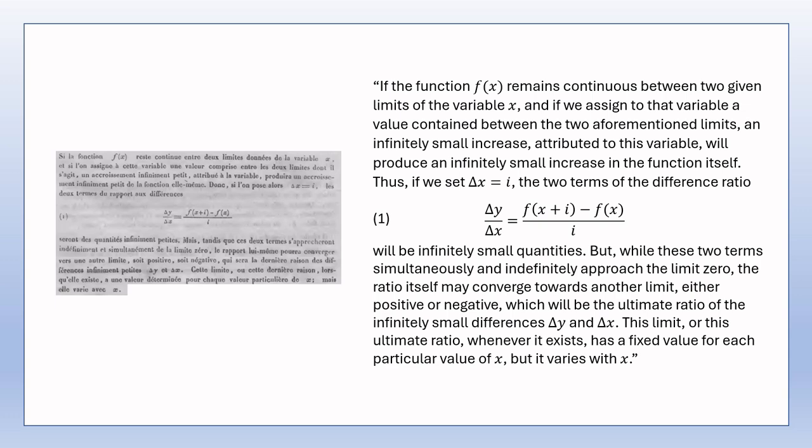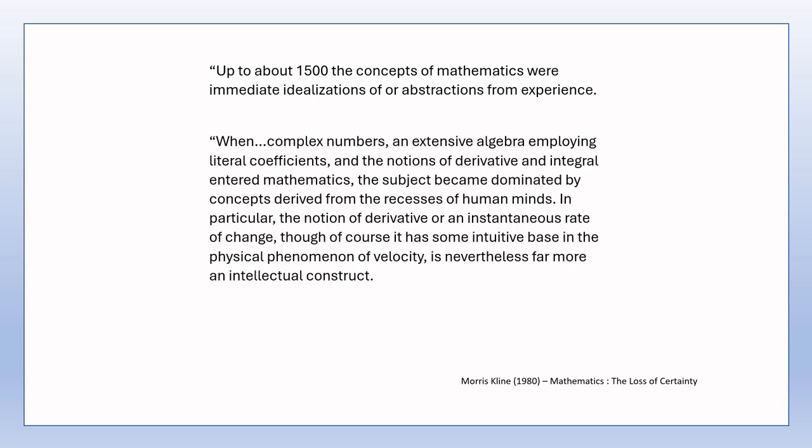We read in Morris Kline's book, Mathematics: The Loss of Certainty, up to about 1500, the concepts of mathematics were immediate idealizations of, or abstractions from, experience. When complex numbers, an extensive algebra employing literal coefficients, and the notions of derivative and integral entered mathematics, the subjects became dominated by concepts derived from the recesses of human minds.